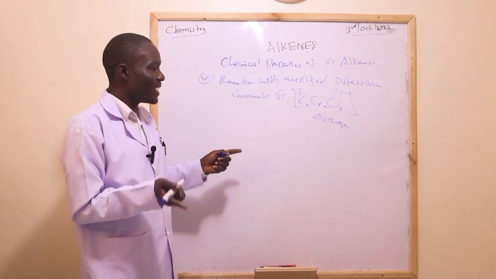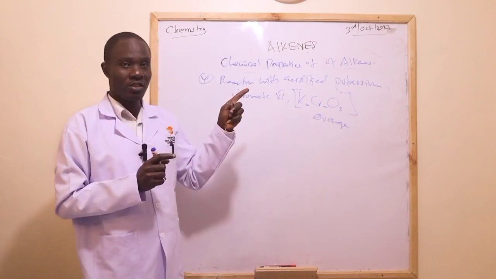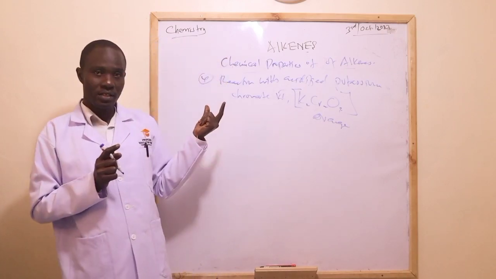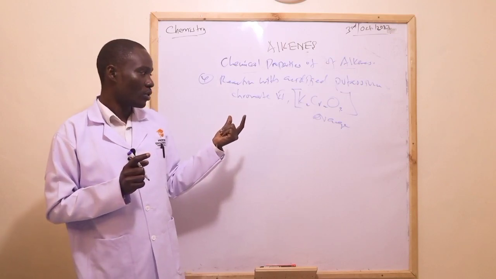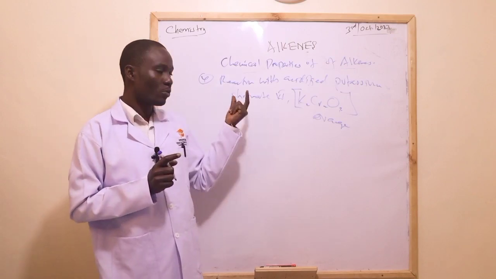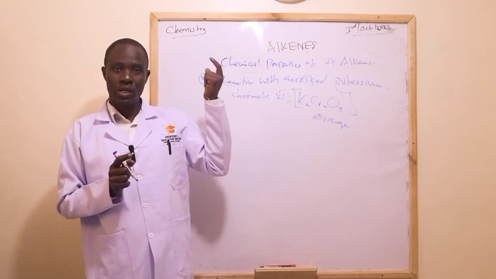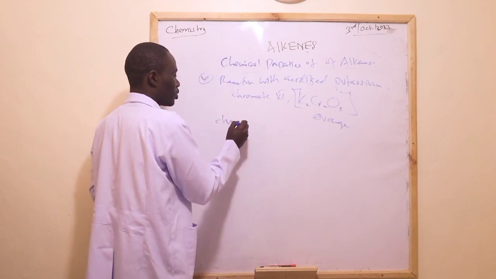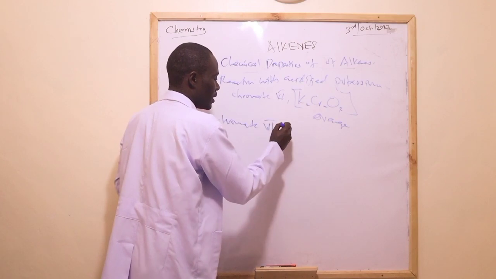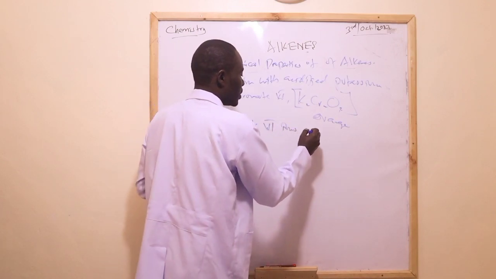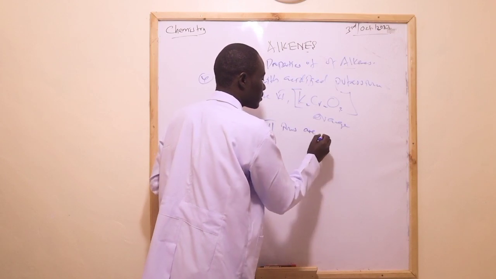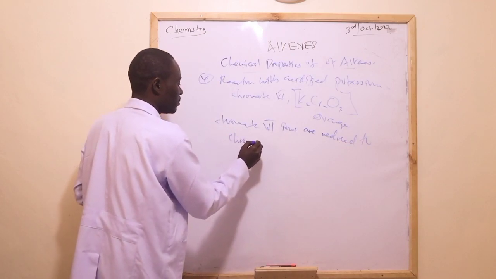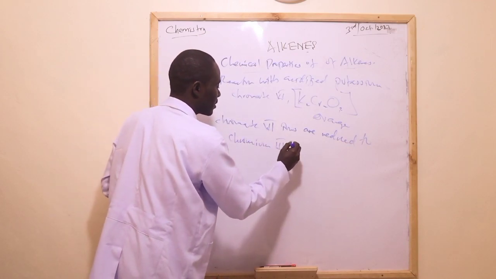So whenever we add it to a member of alkene, for instance ethene, you will find that the orange color will change to green because of the reduction of the chromate 6 ions, which are orange, to chromium 3 ions.